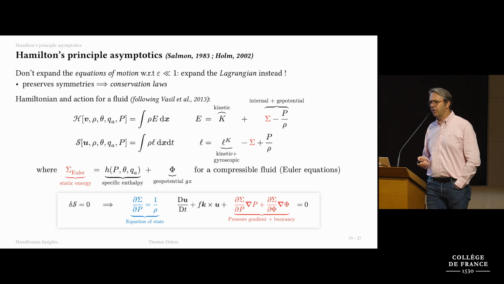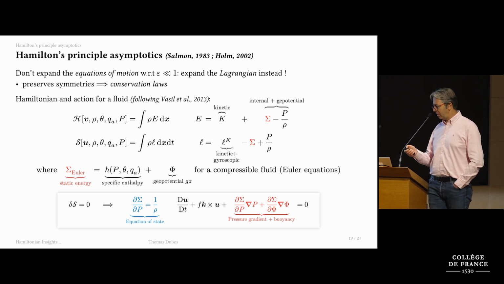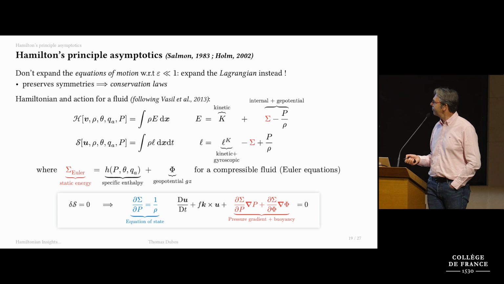That's from standard thermodynamics. So the whole energy can be written as kinetic plus this sigma, which is called static energy, minus P over rho. And sigma for a fully compressible fluid will be enthalpy plus geopotential, which is the potential energy due to gravitation and the centrifugal force.